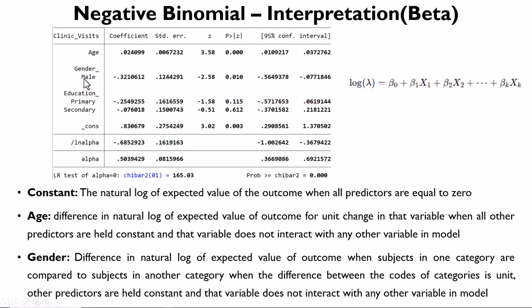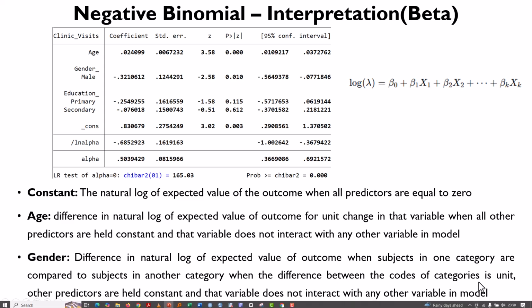Here we are comparing when males are compared to females, and when the difference between the codes of categories is unity. The way you code your independent variable, there should be a unit difference. For example, 0 and 1 or 1 and 2. You shouldn't have groups coded as maybe 1 and 4. The difference in their coding would not be unit, and then mathematically the interpretations would be very different.